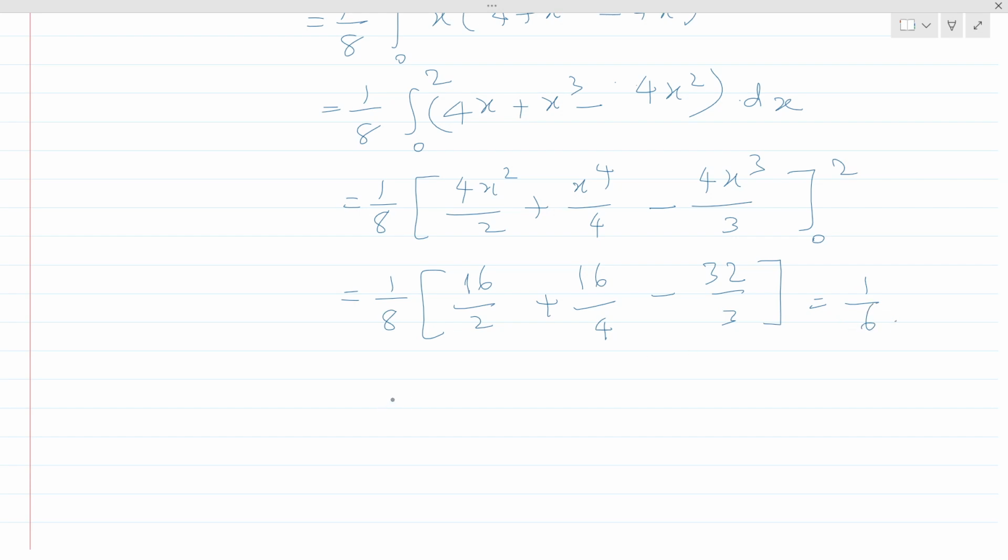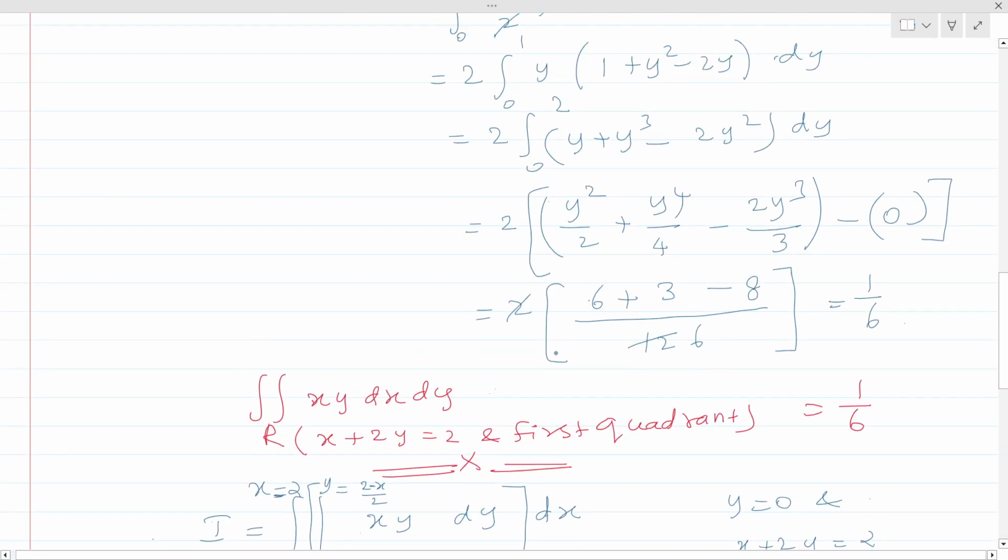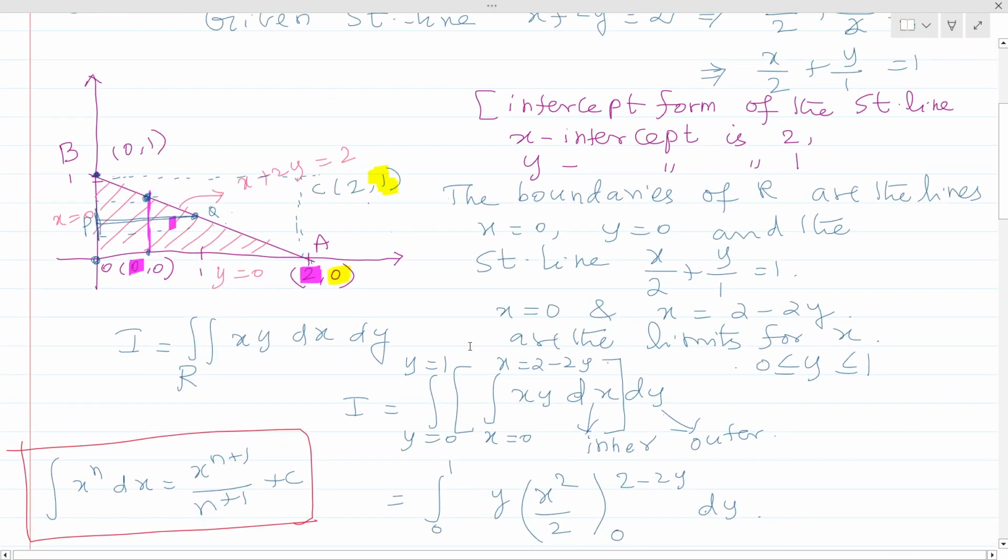So it does not matter whatever order we take for any problem. First you integrate with respect to x or with respect to y; it is based on the problem. If we integrate first with respect to x and the limits are in squares, it is not difficult to integrate.